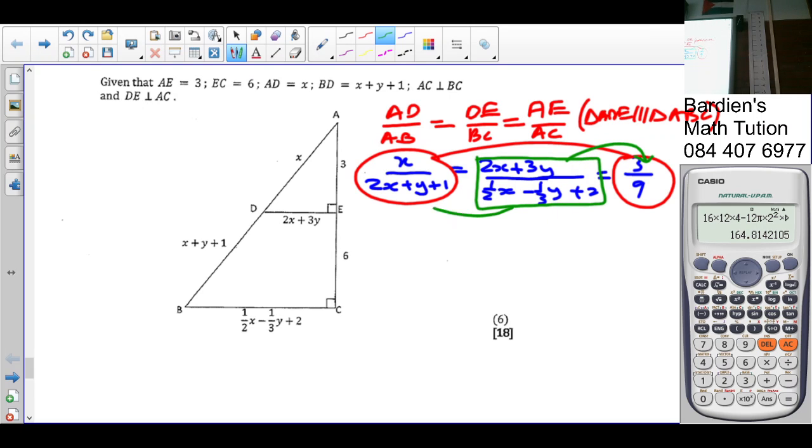I could set it equal to this here, but then I'm going to go into something very, very complex. You understand? It wouldn't be wrong, but it's going to become something very big. Do you guys understand? So if x is equal to y, and y is equal to 2, what does that mean? x is equal to 2 and y is equal to 2. Not so? So what I'm doing here, I'm saying x over 2x plus y plus 1 is equal to 3 over 9.